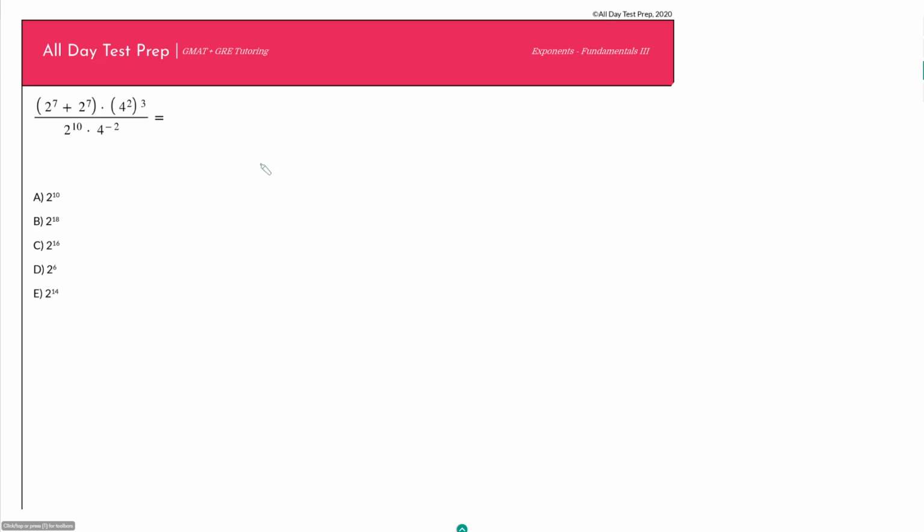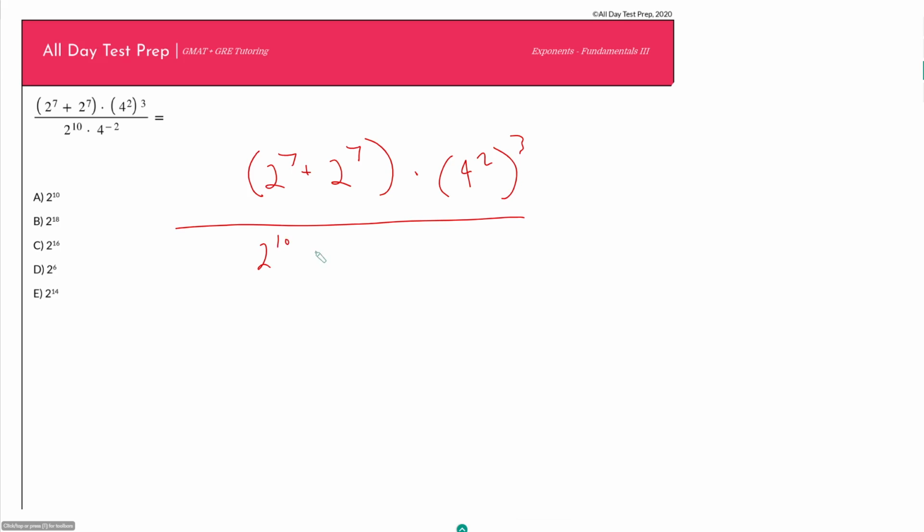So we have 2 to the 7th plus 2 to the 7th, times the quantity 4 squared, all raised to the 3rd. That over 2 to the 10th times 4 raised to the negative 2nd.